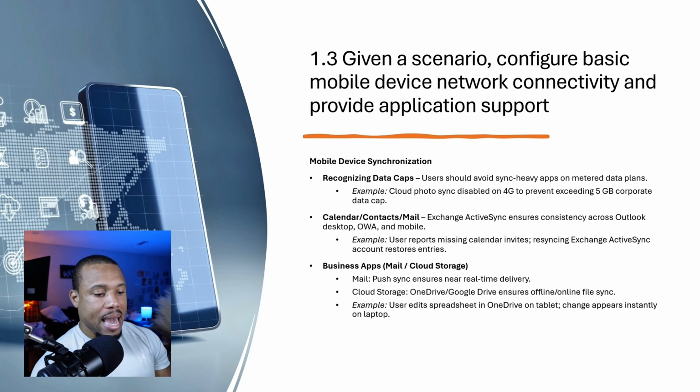Next, calendar, contacts, and mail syncing is critical for business, with tools like Exchange ActiveSync keeping information updated across mobile, desktop, and web. Finally, business apps and cloud storage like OneDrive or Google Drive allow real-time file sync, so changes on one device instantly appear on another, boosting productivity and collaboration.